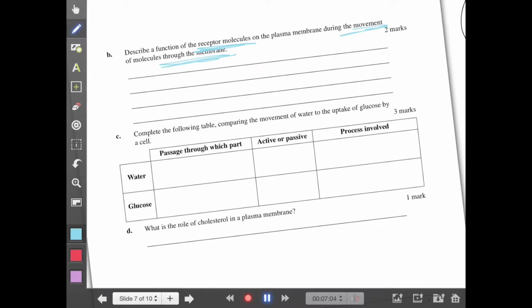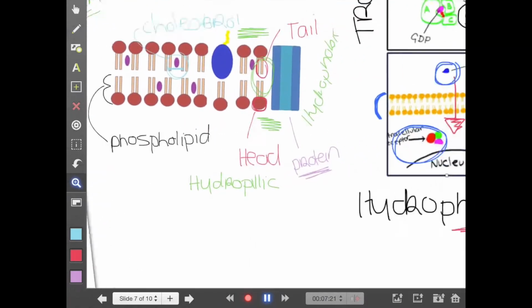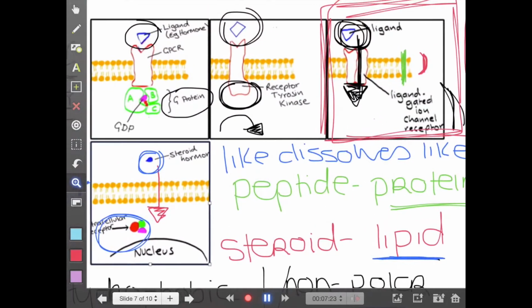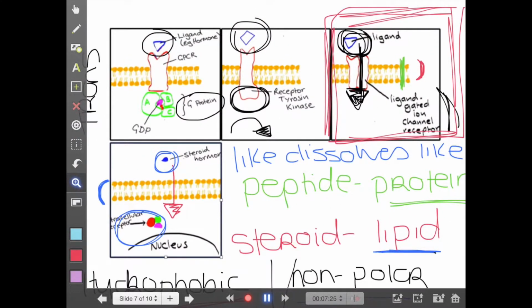Now, before, if I hadn't talked about receptors, you might have just thought that we're talking about facilitated transport, and you might have just said that they would move through from a high to a low concentration. All right, but in this case, we're talking about a receptor that might have not been open or permeable to that substance in the first place.